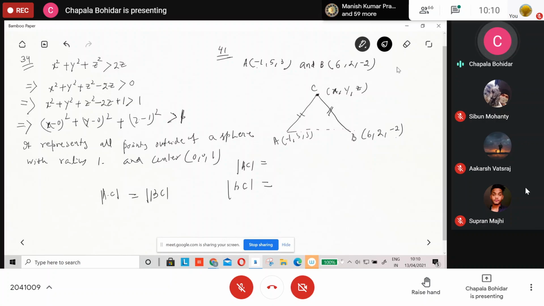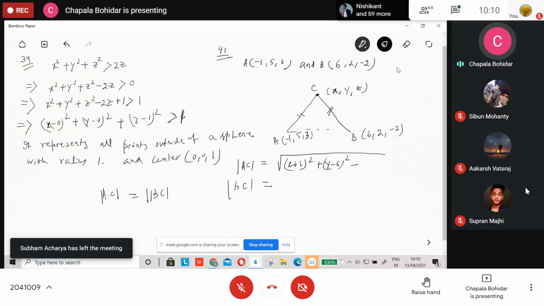So it is root over of x plus 1 whole square, plus y minus 5 square plus z minus 3, am I correct?